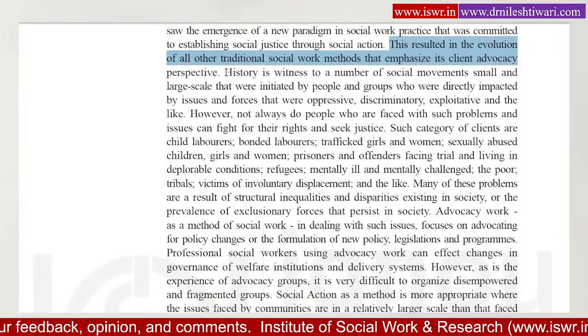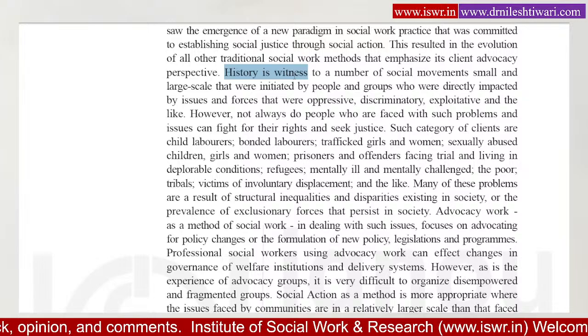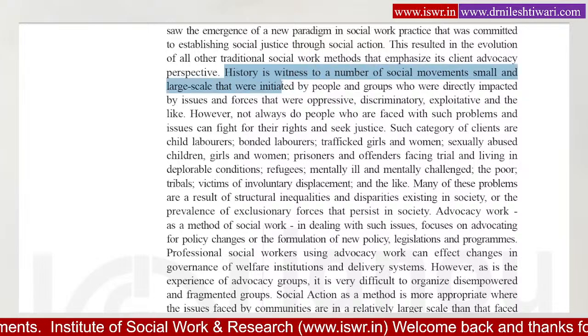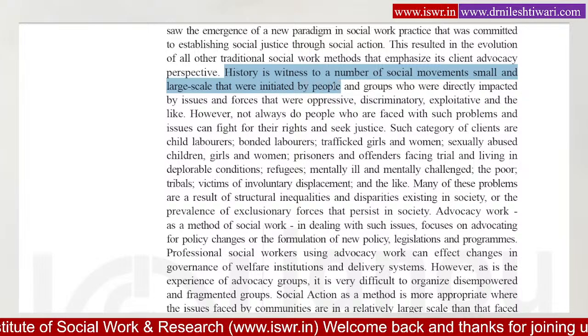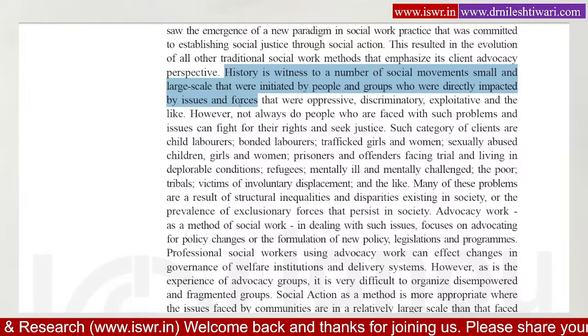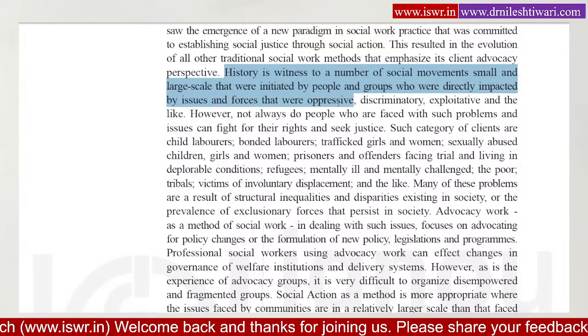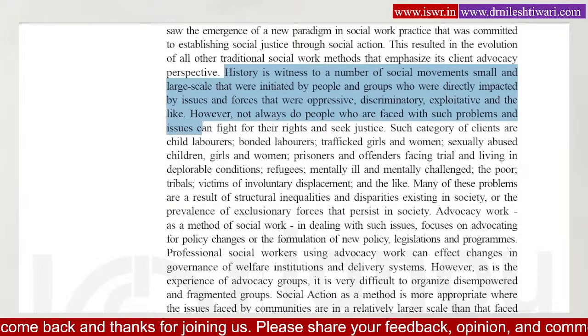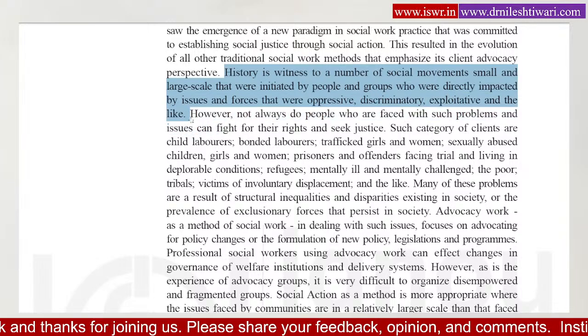And it says history is witness to a number of social movements, whether small or large scale, and they were initiated by the people and the groups who are directly impacted by issues and forces that are oppressive, discriminatory, exploitative, and so on.